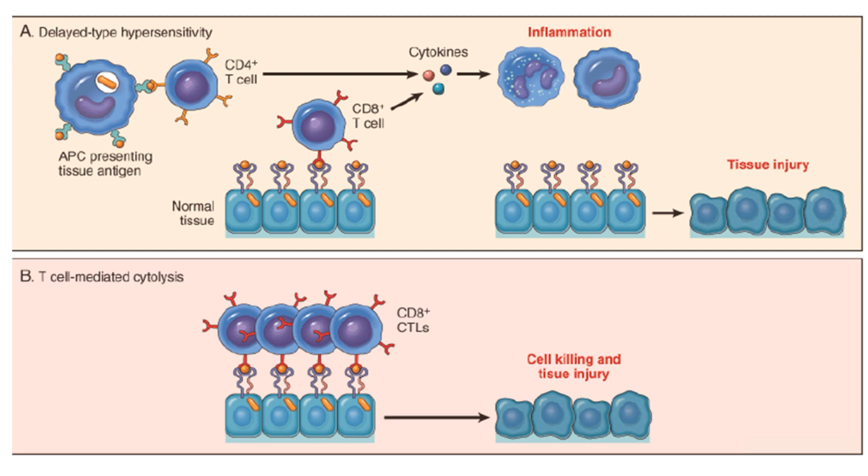The same slide, very interesting slide, on delayed type hypersensitivity. T helper cells connect with the antigen presenting cell, and then T helper cells are activated and secrete cytokines, and cytokines influence other cells and destroy cells.